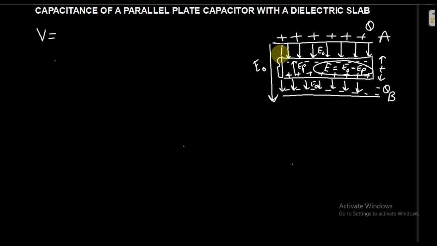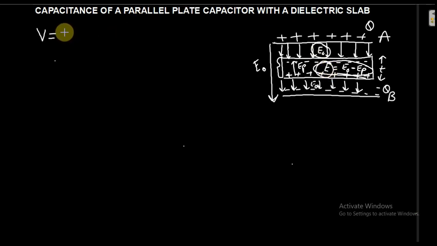But here there are different fields: in this region the field is E naught, and inside the dielectric this is the net field. So how will we find the overall potential? We find the separate potential for the E naught field and for this E field, and we add the two.